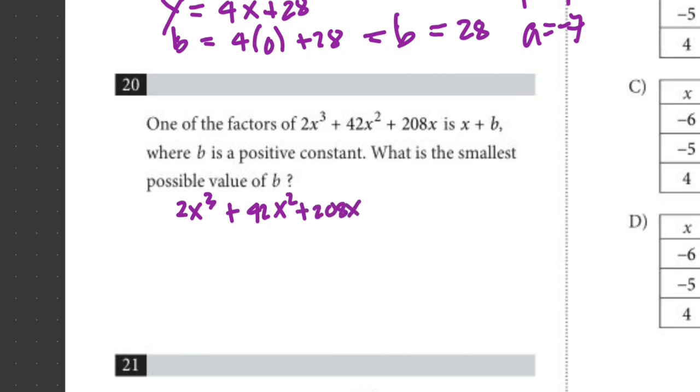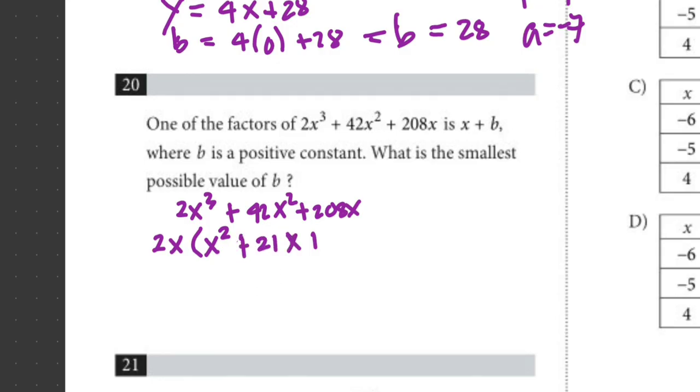So what's the greatest common factor here? 2 and x, right? So we were left with x squared plus 42x plus 208, divided by 2 is 104. Hold on, it's 21.